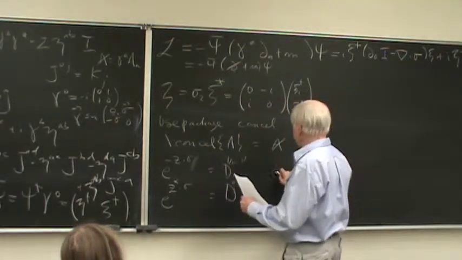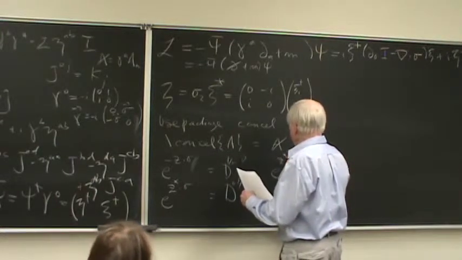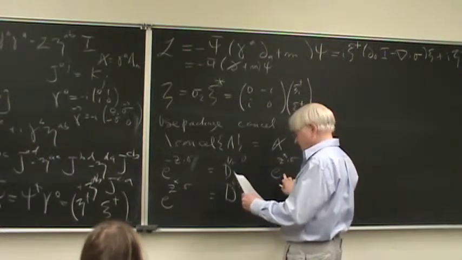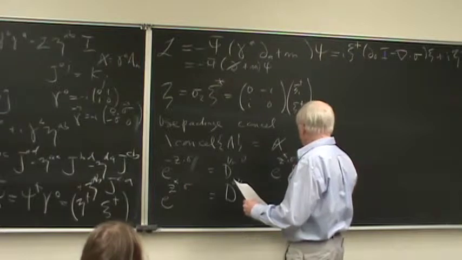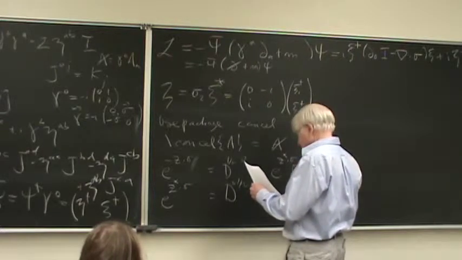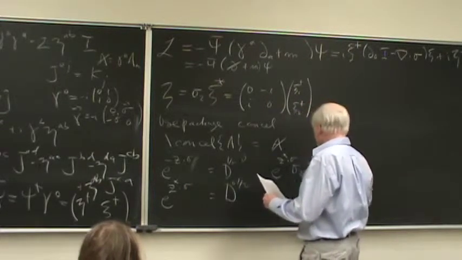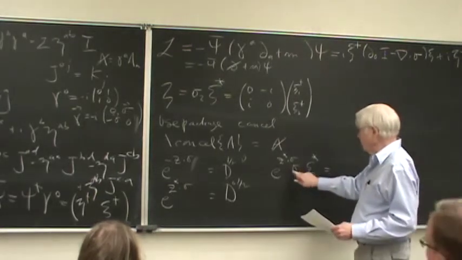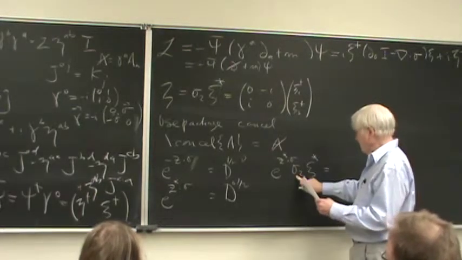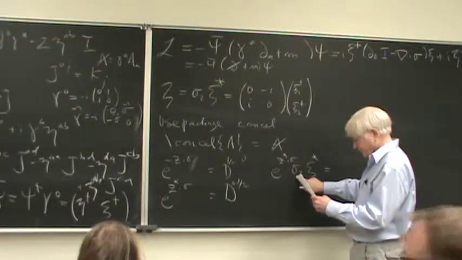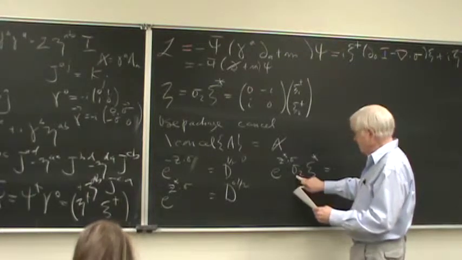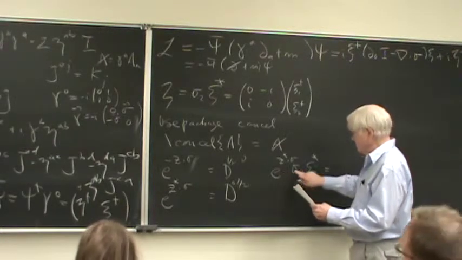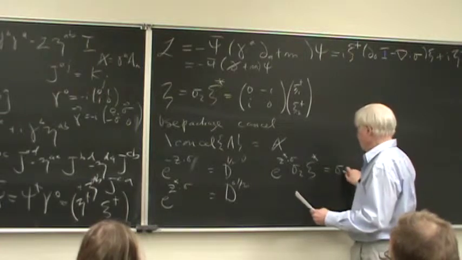The answer is, you have e to the z star dot sigma, that's the right-handed transformation, on sigma 2 c star. Well, what happens when you move the sigma through the sigma 2?